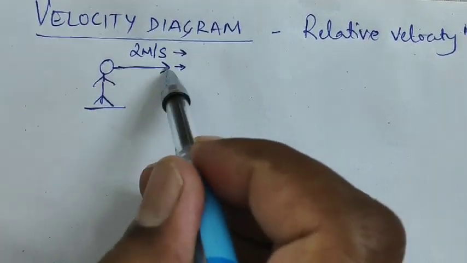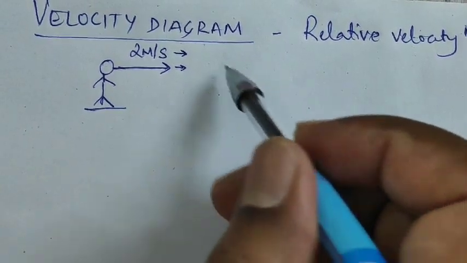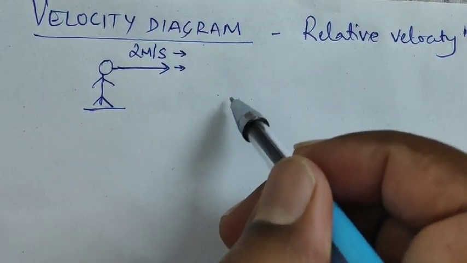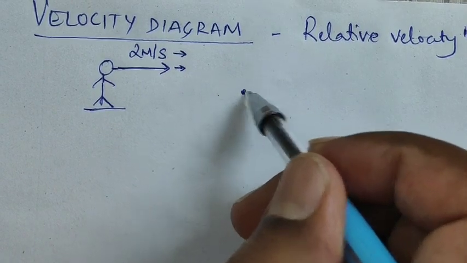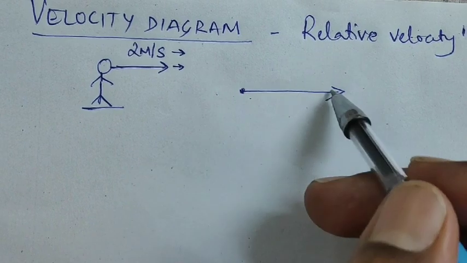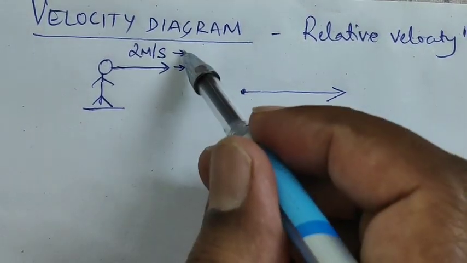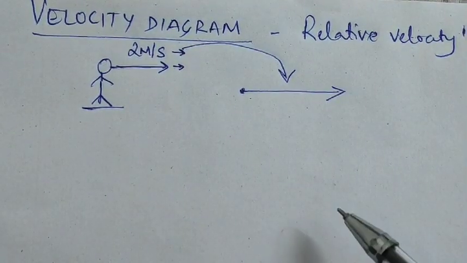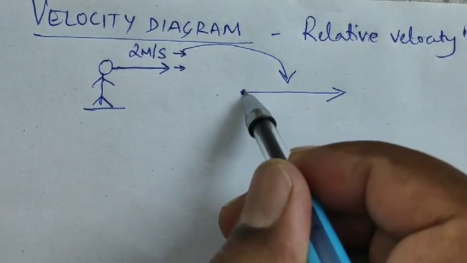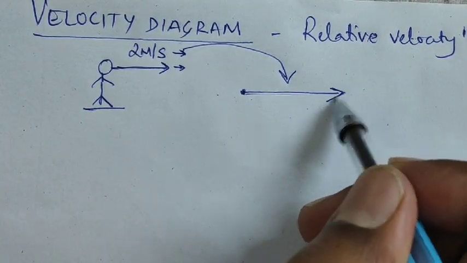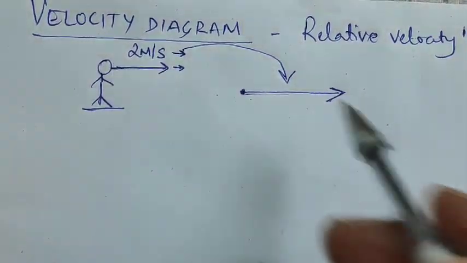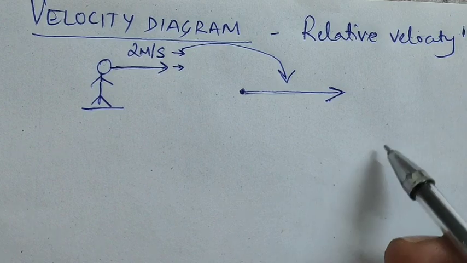That direction is this. Since he has both direction and magnitude, this could be represented as a vector. Vectors are basically arrows like this, where the length of the arrow gives the magnitude of the velocity, and from the tail to the head of the arrow shows the direction in which this person is moving.